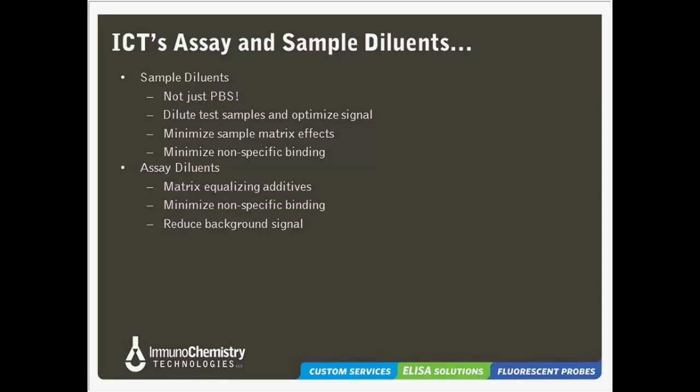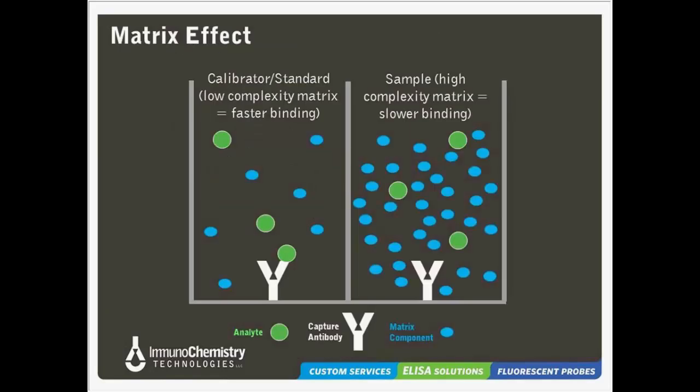Let's go down here. I want to, real quickly here, just try to visually show you the matrix effect. We can't do 3D here, but just for grins, we drew a picture of two wells. In the well on the left, this would be like your calibrator diluent. You've got your standard curve in there. It's a breeze for the green analyte to make it down and interact with the capture antibody in the plate. Now, the well on the right, containing serum, there's a lot more stuff in the way.